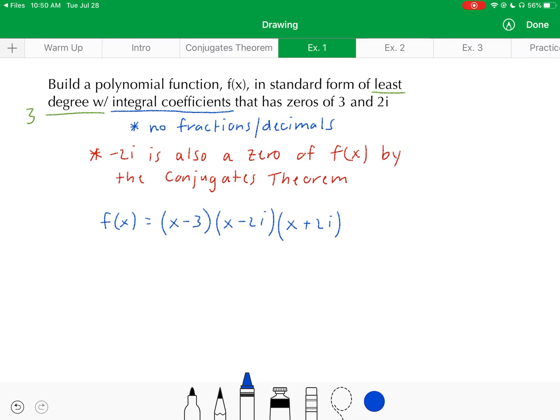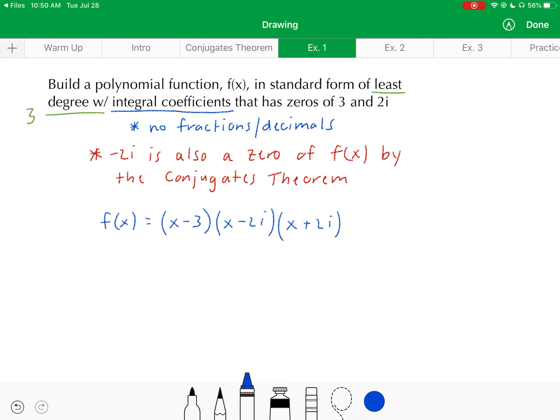Now don't overcomplicate that. Notice what I've done. I've simply taken each zero that I knew for the function, and to build a factor, I simply subtracted that number from x, okay?